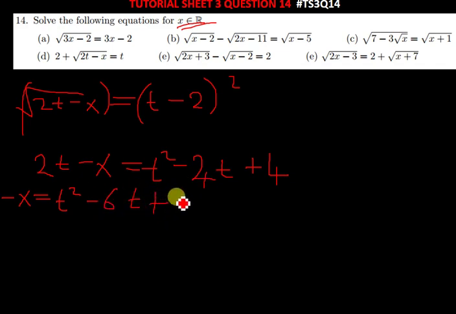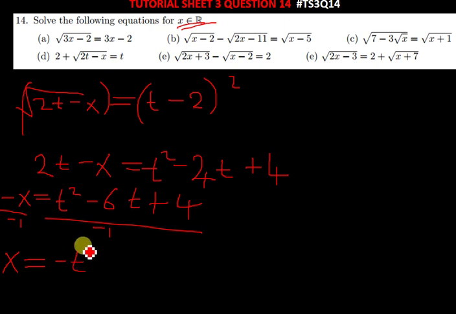Yeah, so when you divide by negative 1, you're going to find the value of x to be equal to negative t squared, oh sorry, it's going to be plus now, plus 6t, then minus 4.